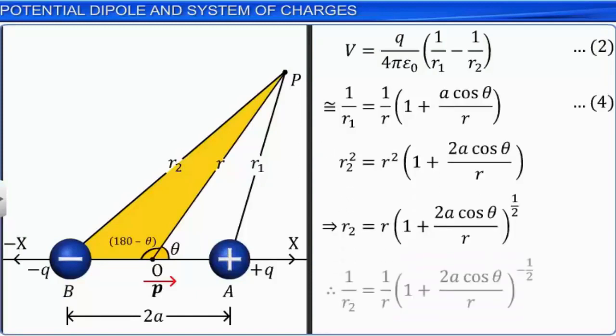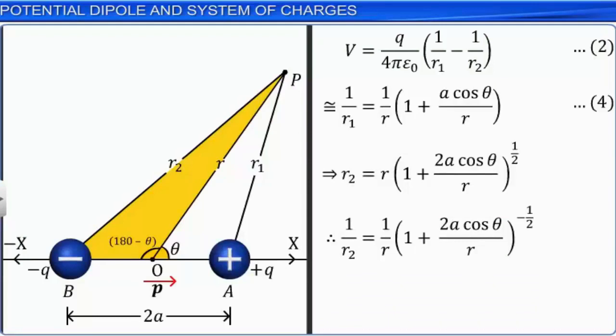Thus, 1 by R2 will be equal to 1 by R into (1 plus 2A cos theta by R) power minus half. Using binomial expansion of the terms in parentheses, we get 1 by R2 is equal to 1 by R into (1 minus A cos theta by R). Let this be equation 6.